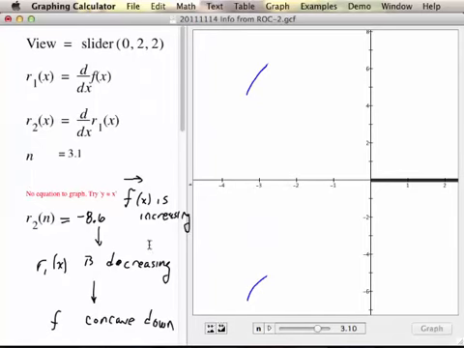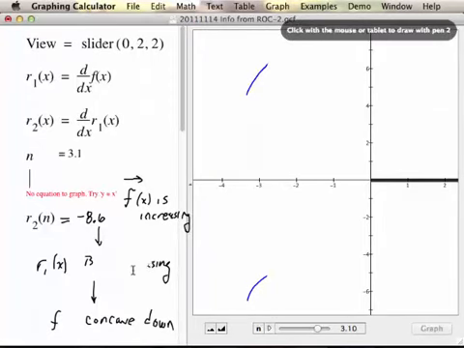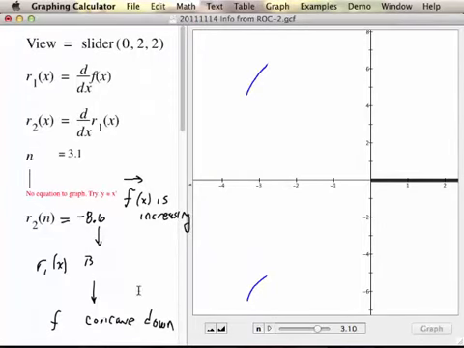Okay, so you're going to start again. What can you conclude, if anything, about R1 and about F? We'll get to that later. Okay. So R2 is negative 8.6. What about R1? And then what about F? Go, talk.